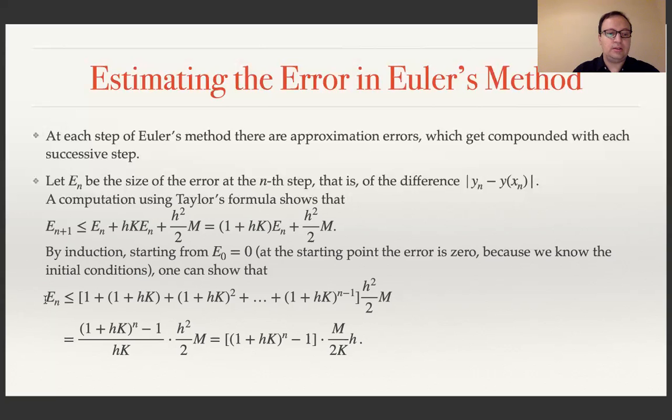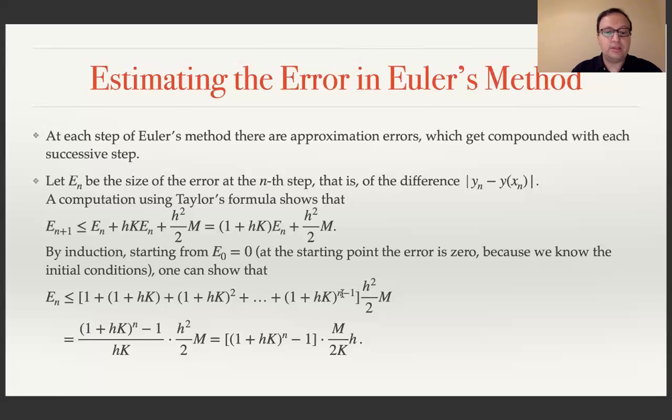We get that the error at the nth step is less than or equal to this sum: (1 + hK)^(n-1) + ... + (1 + hK)^2 + (1 + hK) + 1, times h squared over 2 times capital M. So it turns out that this is a formula for the error at the nth step based on chaining the previous formulas, expressing each error as a function of the previous error.